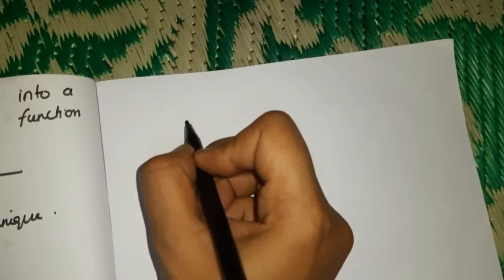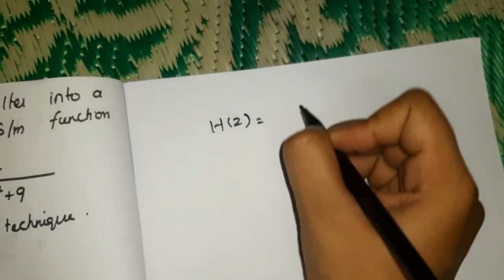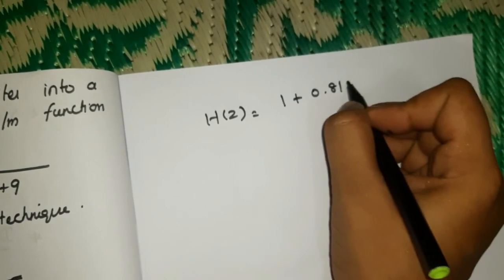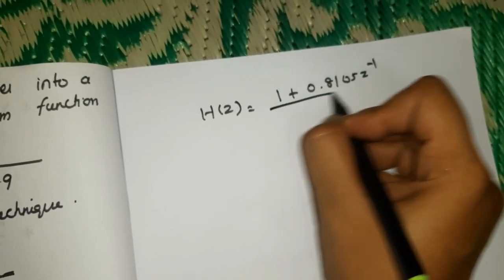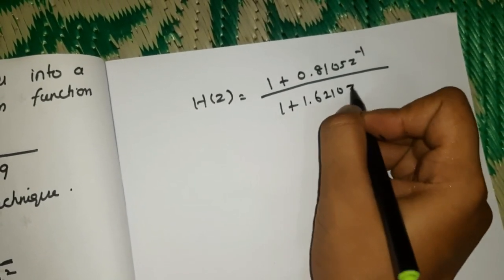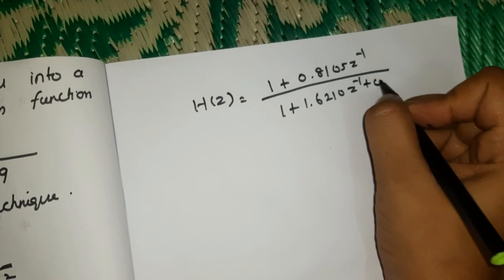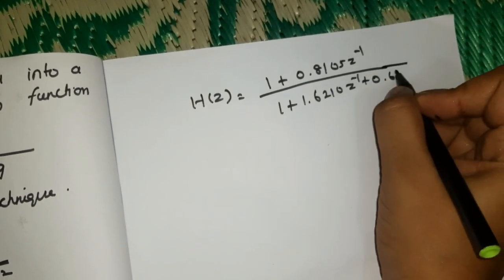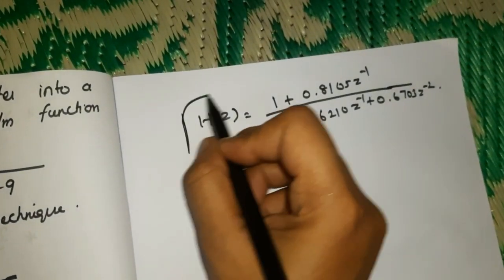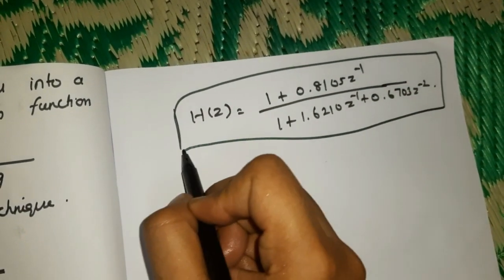So solving this, we will get H of z is equal to (1 plus 0.8105 z power minus 1) divided by (1 plus 1.6210 z power minus 1 plus 0.6703 z power minus 2). So this is the transformation of H of s to H of z.